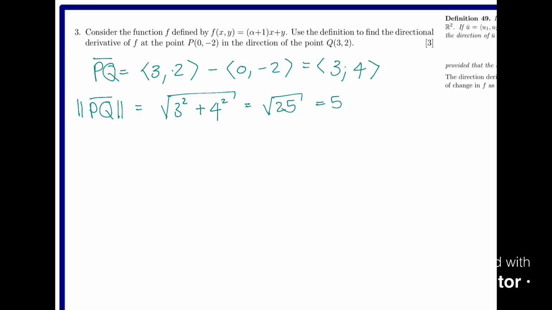So this is the length of this vector. So to make it a unit vector, we will just divide by its norm. So now we can call it u, which will be equal to (3/5, 4/5). And this is a unit direction vector. It's just what I call it.